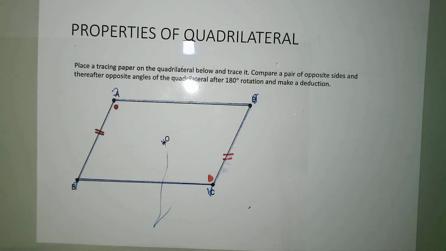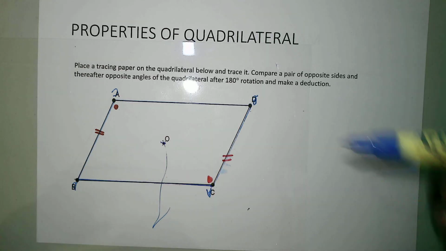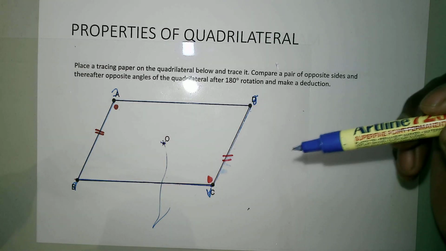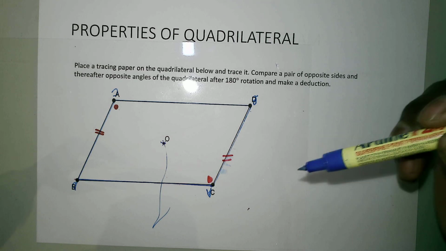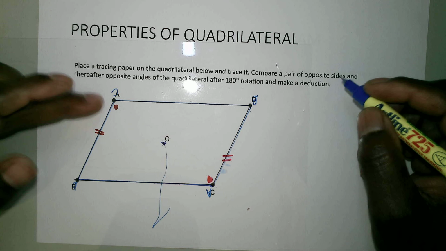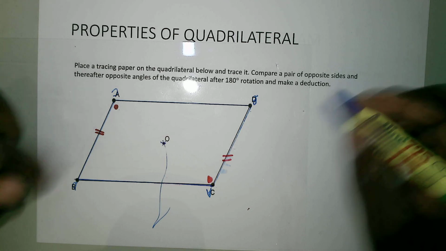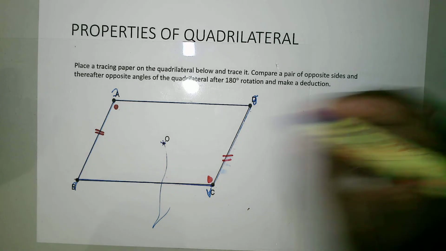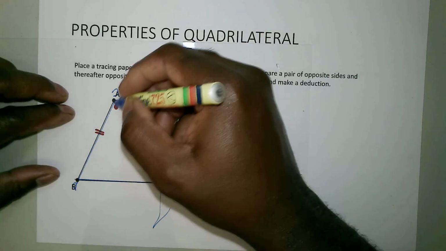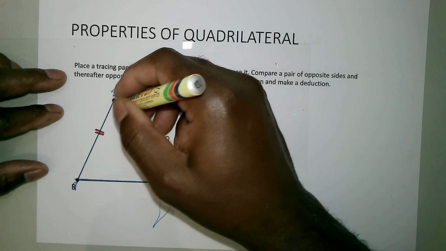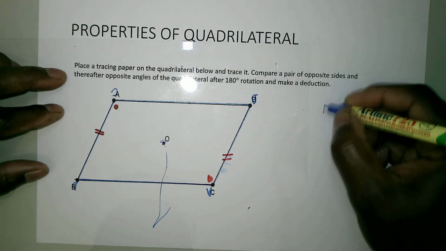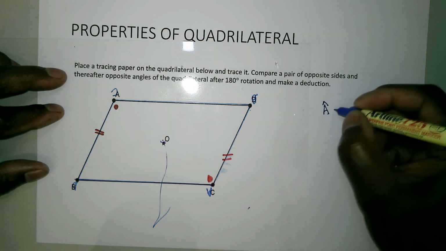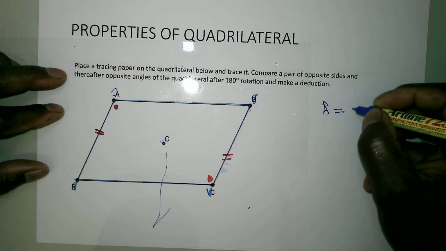Now you can see that this is marked. We are able to see that angle A on paper is equal to angle C. This is the C on paper, and the A is on top of the C and fits well.